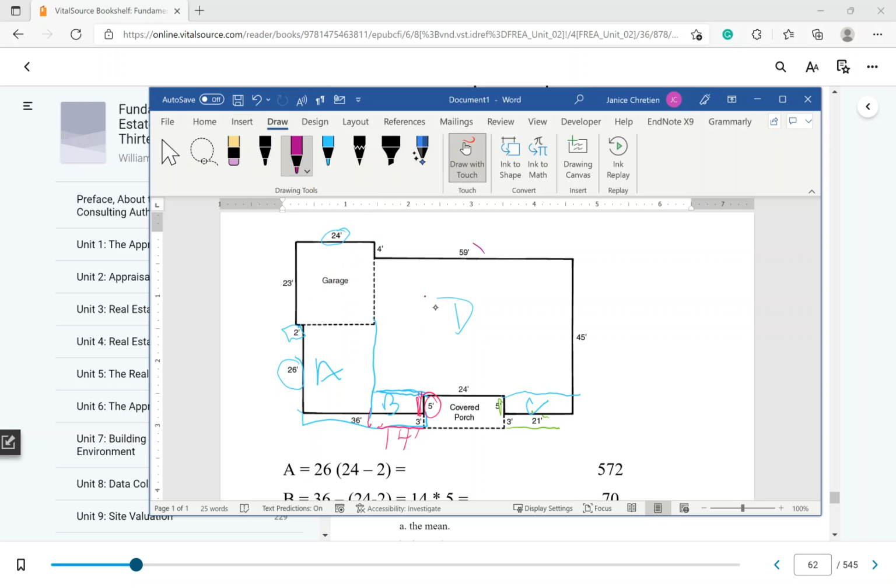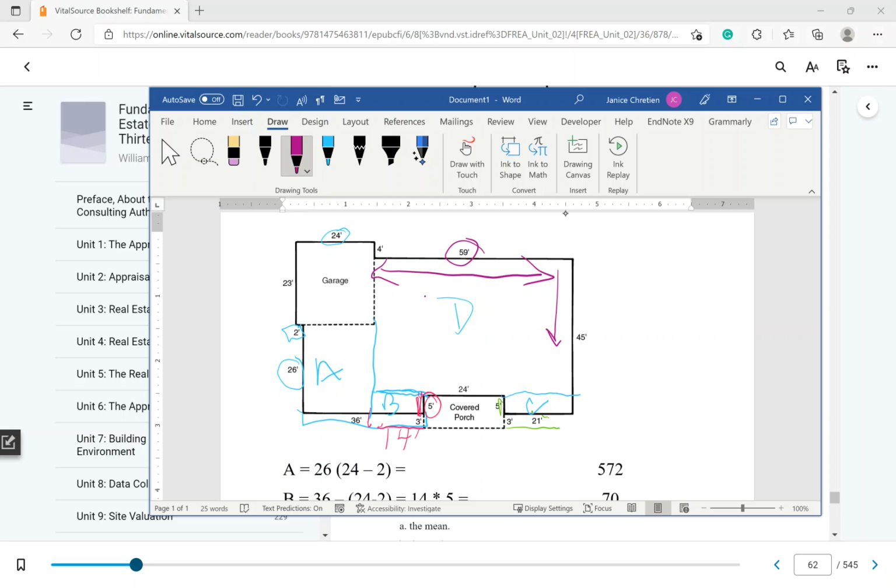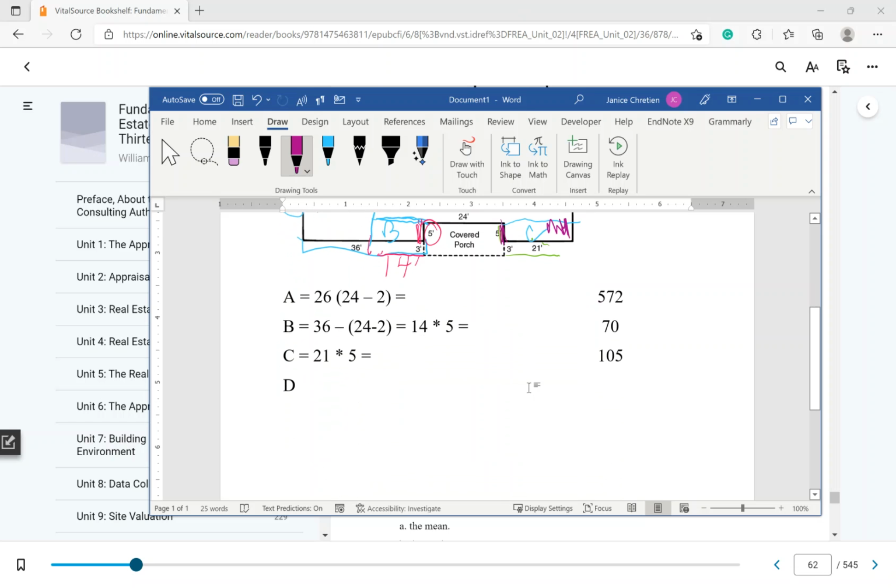So we've got 59 feet across, and then up and down here we have 45 feet, but that part right there is 5 foot. So I have to say 45 minus this 5 feet here that we already put in C, so that's really 40 feet. So I have 59 times 40 for D.